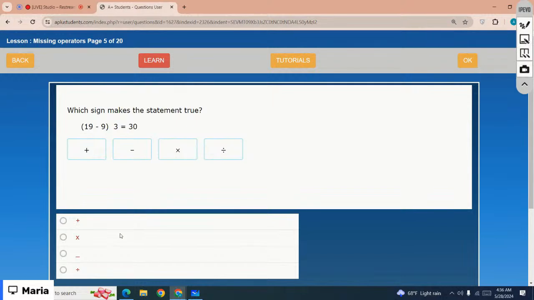The correct option is multiplication, because 19 minus 9 is 10 and 10 times 3 is 30.